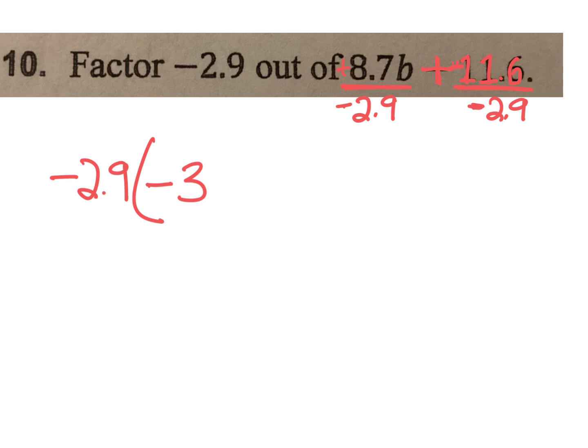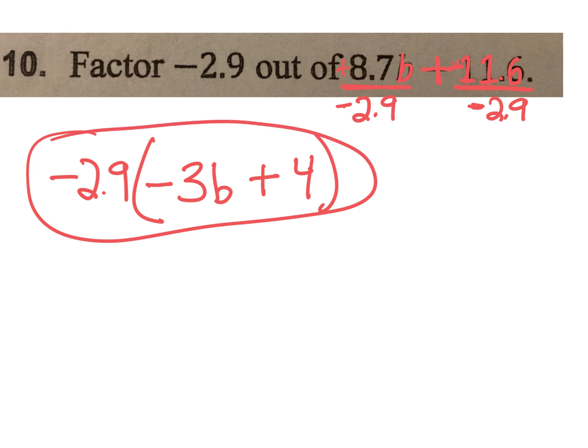So let me do 11.6 divided by 2.9 equals plus 4. Now, I did make one little mistake here. This b, I got to bring that along with the 3. When I do 8.7b divided by negative 2.9, it gets me a negative 3b. Okay, and that is my answer.